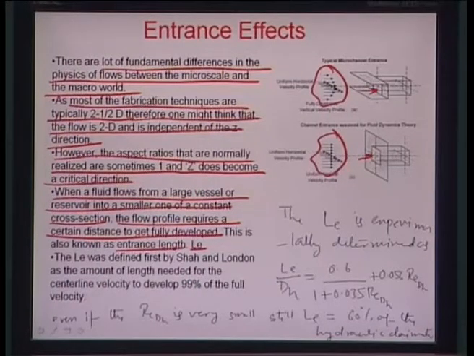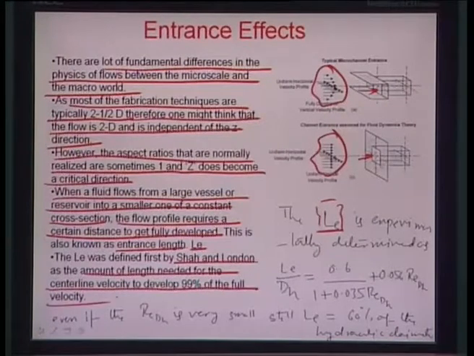Various people have tried to experimentally and otherwise calculate what this entrance length would be, and the best experiment that was proposed by Shaw in London was that the length needed for the centerline velocity to develop to 95% of the full velocity is given by this expression here.